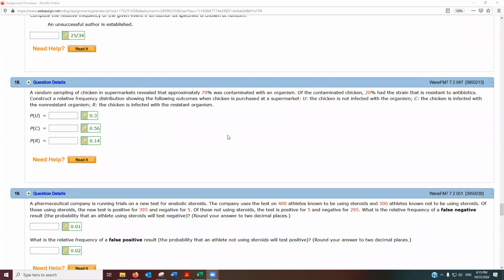All right, it says a random sampling of chicken in supermarkets shows 70% was contaminated with an organism. So contaminated is 70%. Okay.